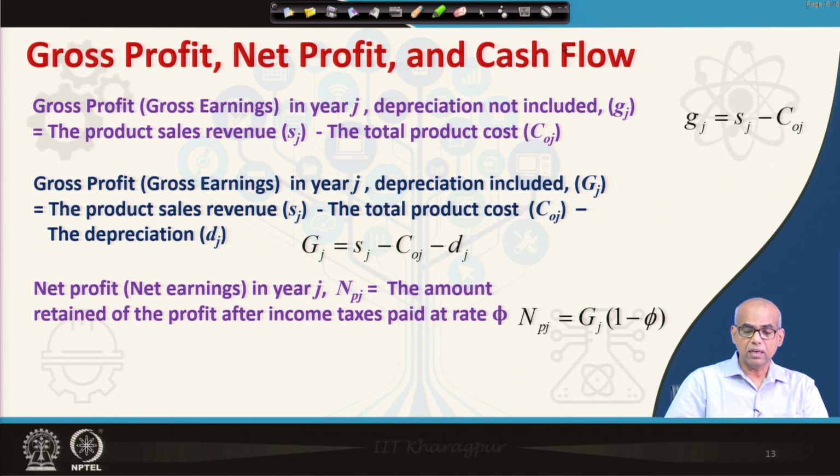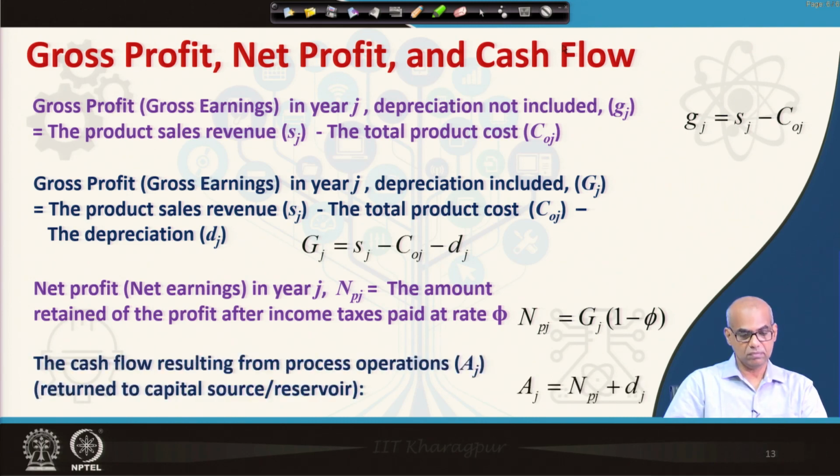So, it is basically the amount that you retain after income tax has been paid. The cash flow resulting from process operation, which will be returned to the capital source or reservoir or the company treasury, will be the net profit plus depreciation. So, these are some of the terminologies that you need to remember.